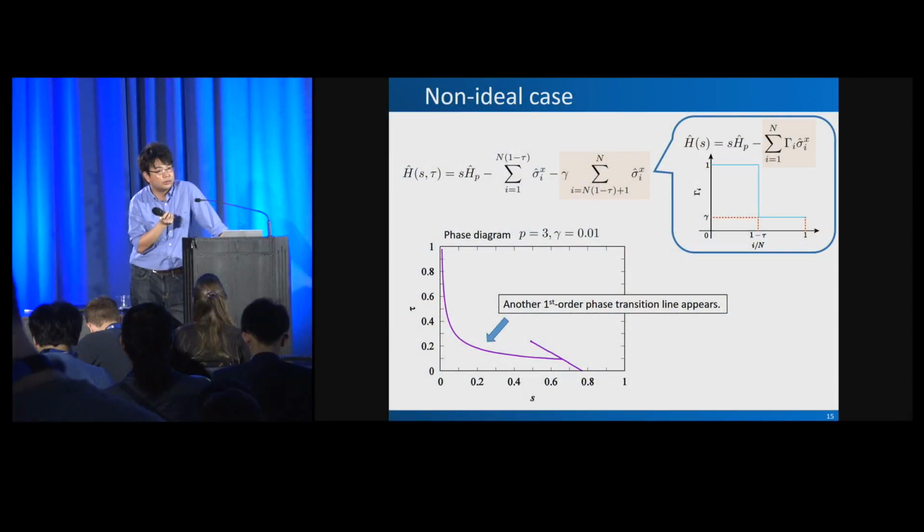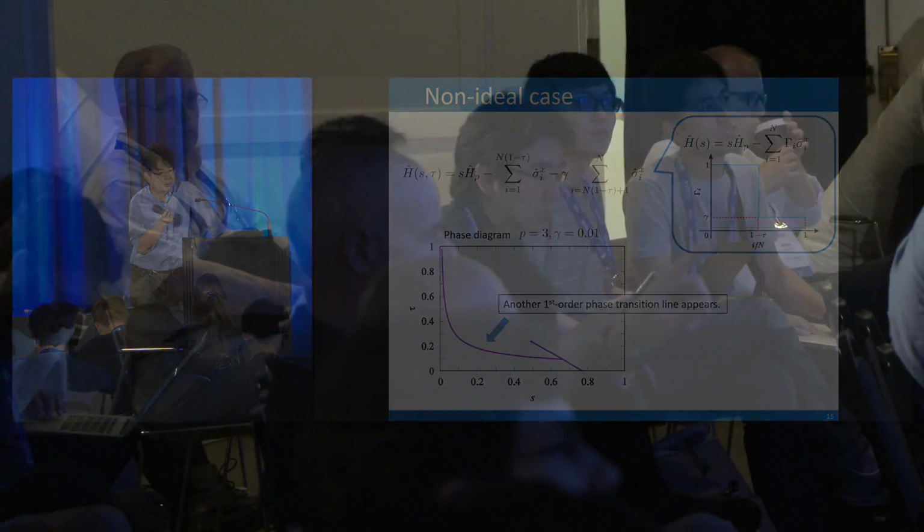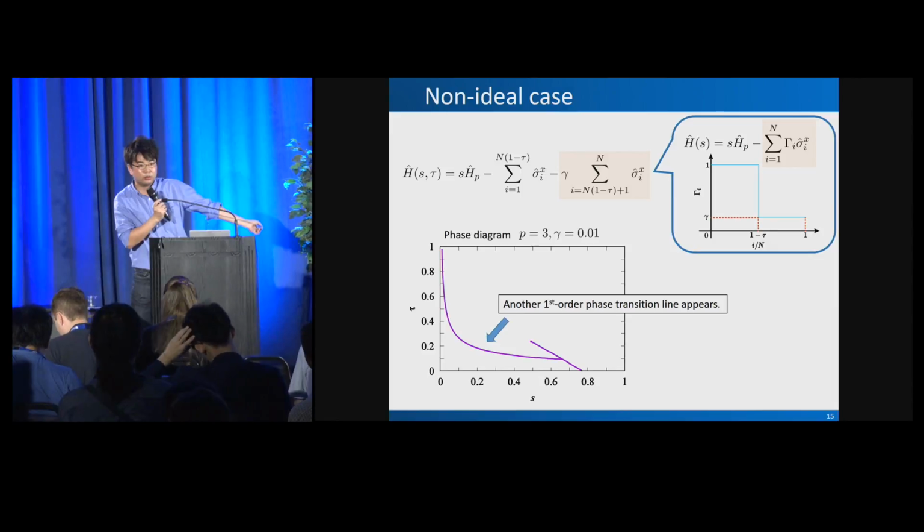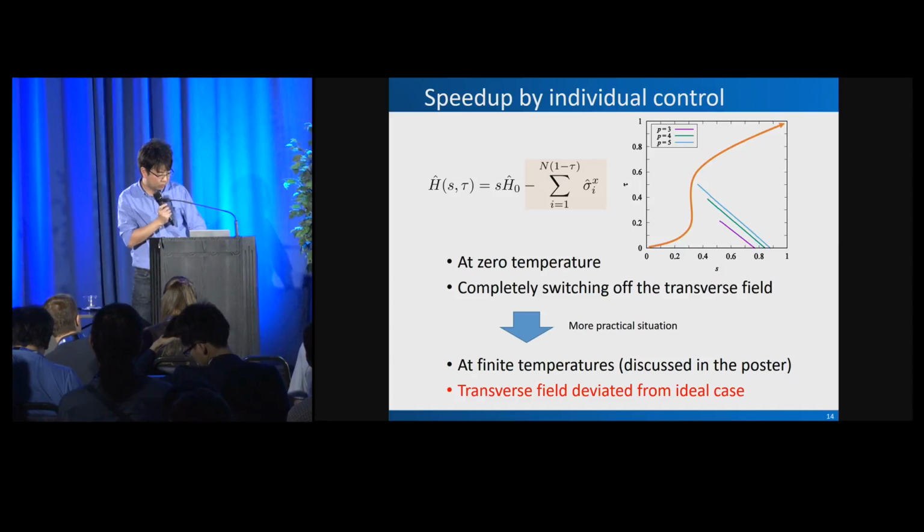Oh, and the other thing was the beta in your scaling. What was the value of beta? You said in the ideal case you went from exponential to polynomial. You had n to the beta. What was the beta? This is a zero temperature case.